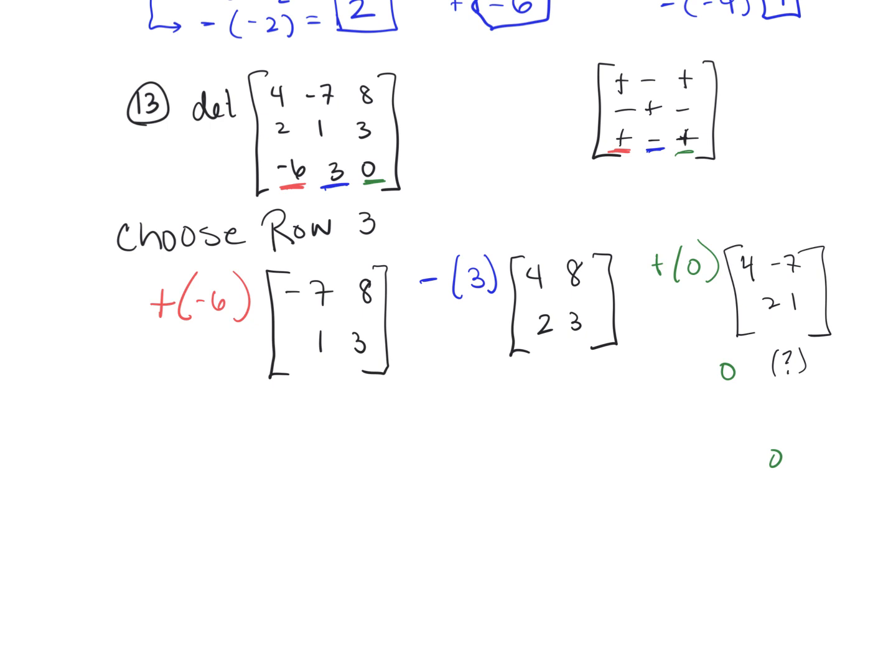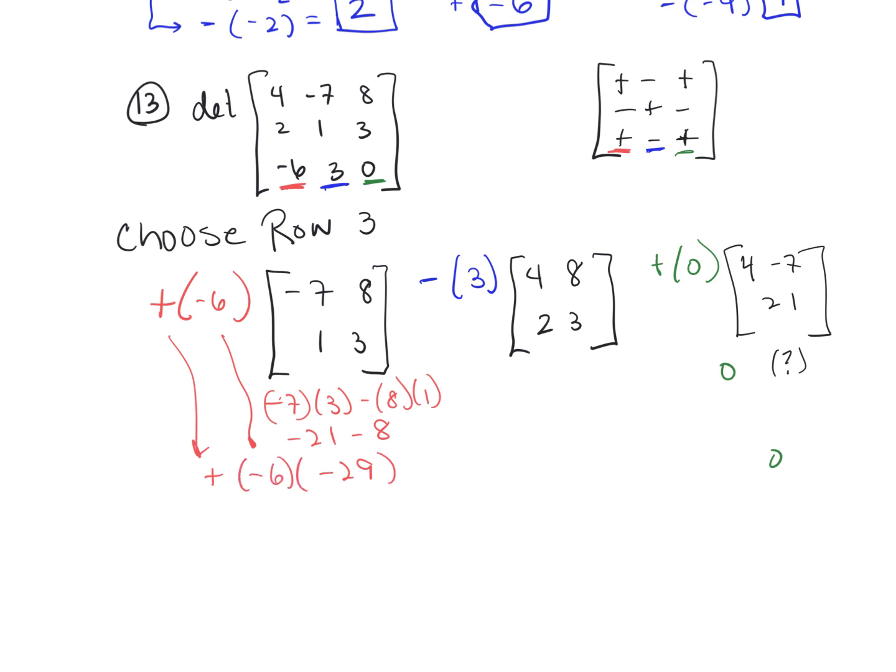All right, so let's come back and do a little math here, starting from the left side. So to find the determinant of our 2 by 2, we're going to have negative 7 times 3 minus 8 times 1. Negative 21 minus 8 is negative 29. Then I'm going to bring the positive and the negative, so I'll have positive negative 6 times negative 29.